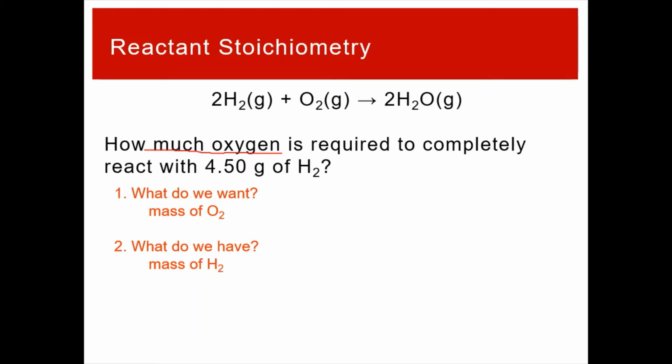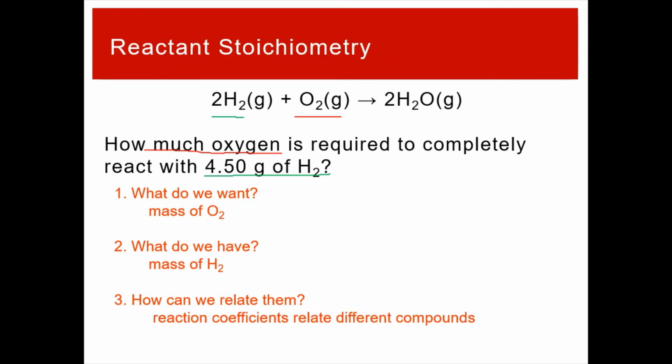What do we have? Mass of H2. So we can see this kind of setup that we're looking at is still we want a mass. We have a mass of H2. That's a reactant. And what we want is the mass of a different reactant. But the thing is, they're still both related by this chemical equation, right? H2 and O2 have no relationship outside of reacting in this chemical equation.